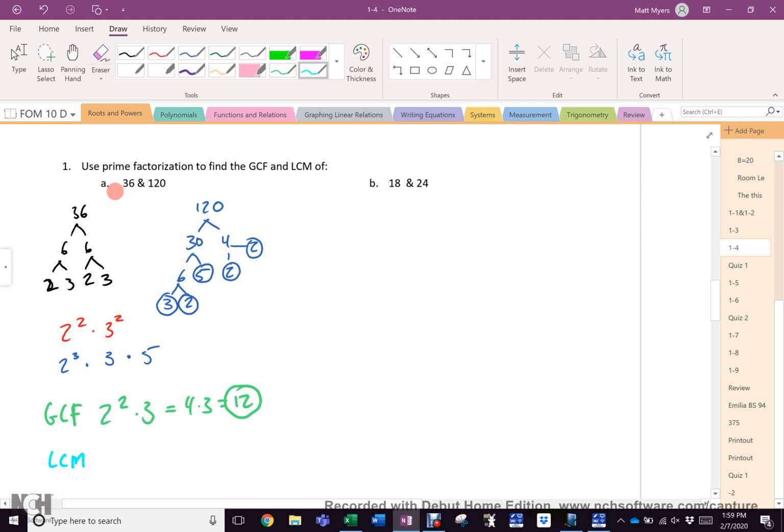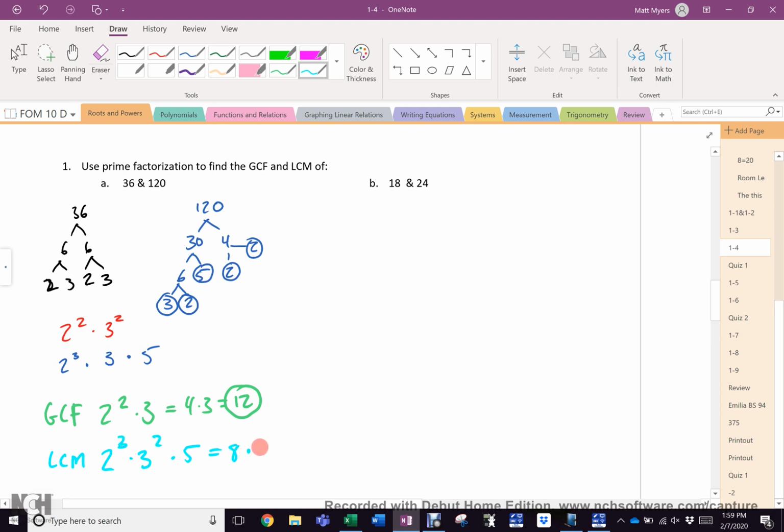Okay? So lowest common multiple, we look at everything, but we only count the highest exponent. Because we don't need to count all these 2s over and over again, do we? So is 2 there? Yes. What's the biggest exponent now? 3. Is 3 there? Yes. What's the biggest exponent? 2. And we have to count 5 because multiples are working upwards. What's 2 cubed? 8.